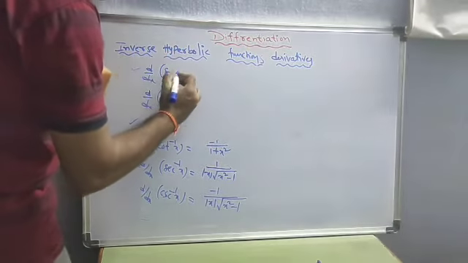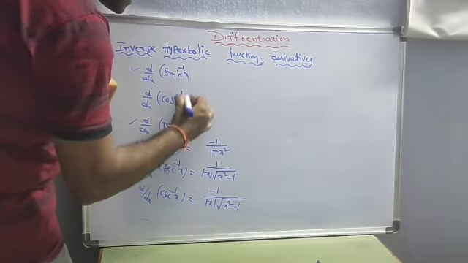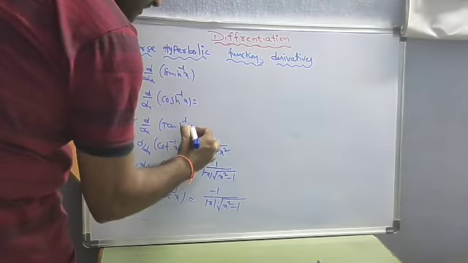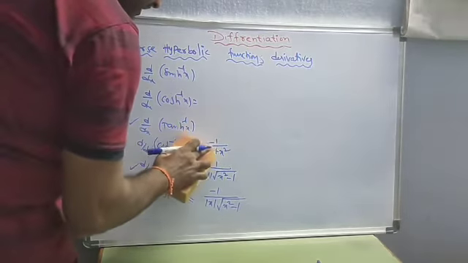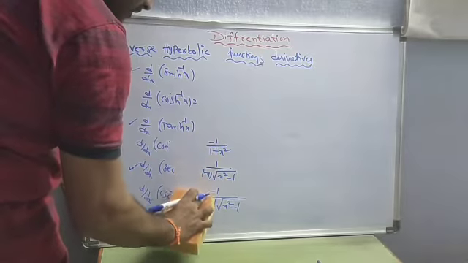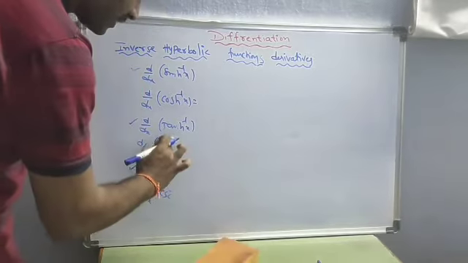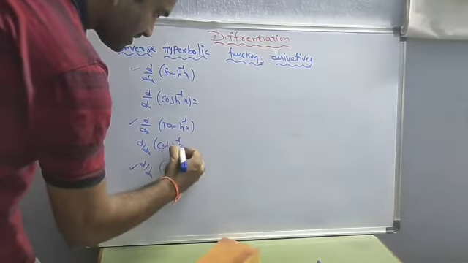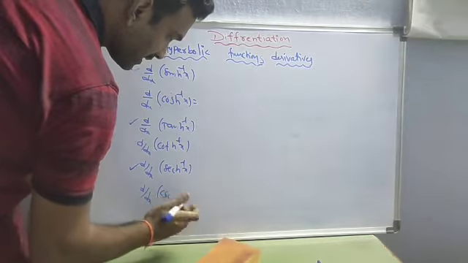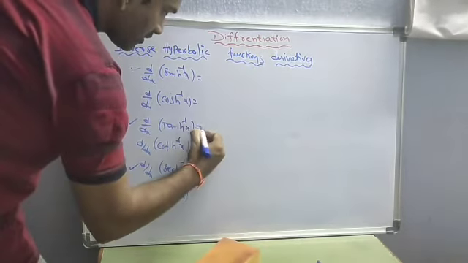Hyperbolic means the h functions. Here sin h inverse x, cos h inverse x, differentiation values. Next tan h inverse x, cot h inverse x, secant h inverse x, cosecant h inverse x. So these all are the formulas.